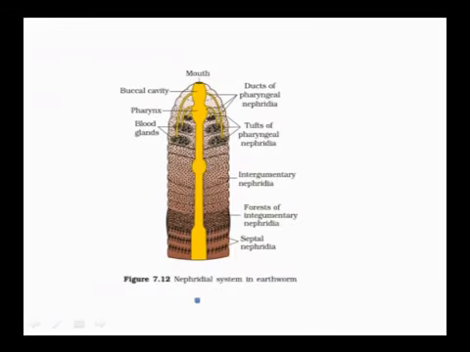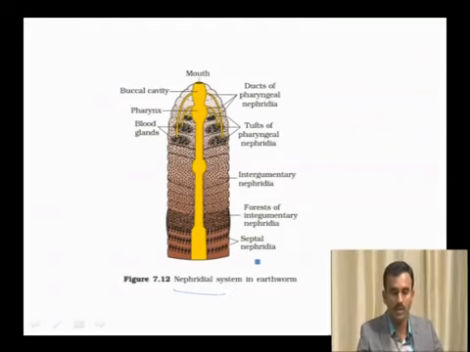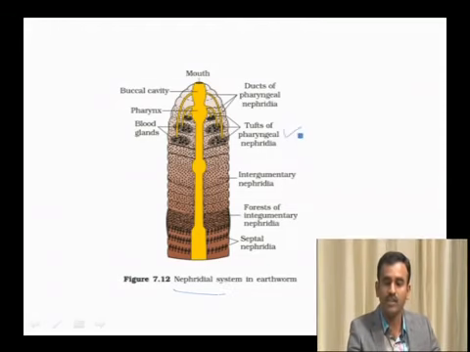Move on to the excretory system or nephridial system in earthworm. There are three types of nephridia for the elimination of nitrogenous waste in earthworm. They are pharyngeal nephridia, which are present in the early segments. Second one is integumentary nephridia, and third one is septal nephridia.